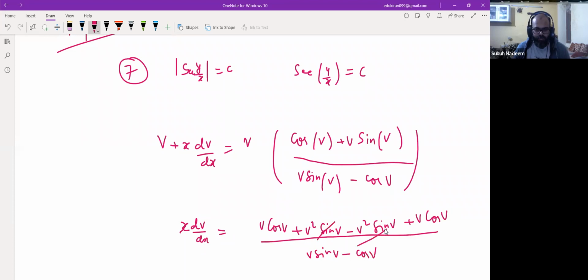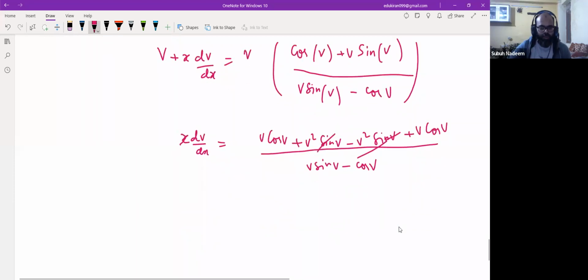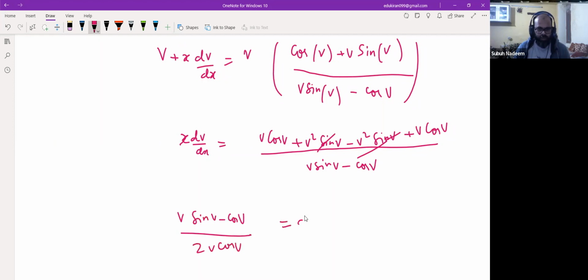This will also get cancelled. And in the next step, we'll take v sin v minus cos v by 2v cos v is equal to dx by x. Okay. So now v cancel tan v by 2.